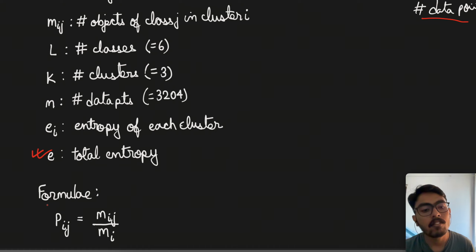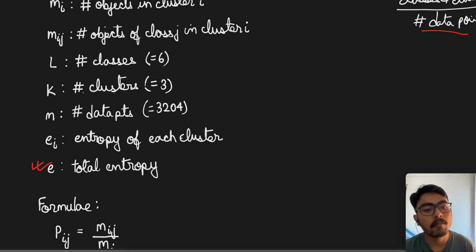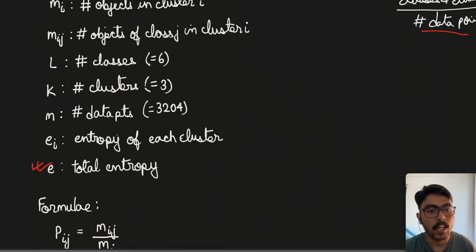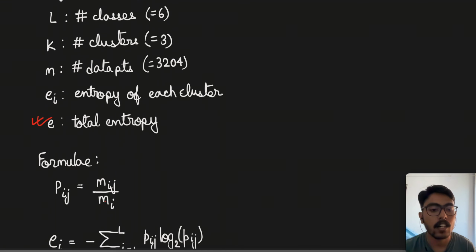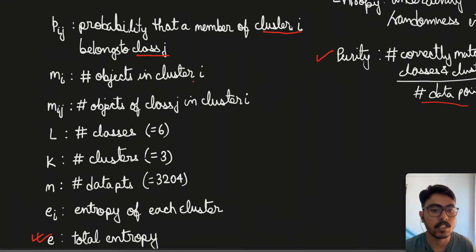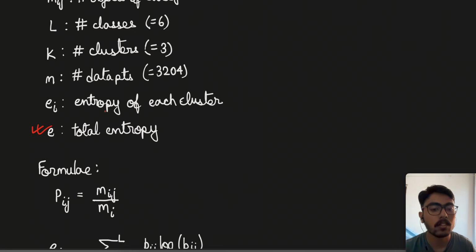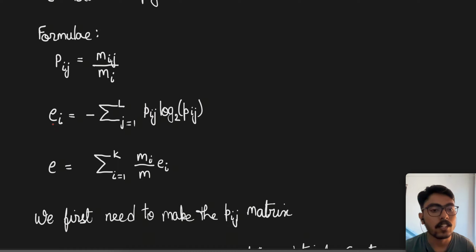The formula for calculating Pij is Mij by Mi. As we have discussed, Mij is the number of objects of class j in cluster i, and Mi is the total number of objects in cluster i. So we can calculate it using the table. Then Ei, this formula is important.